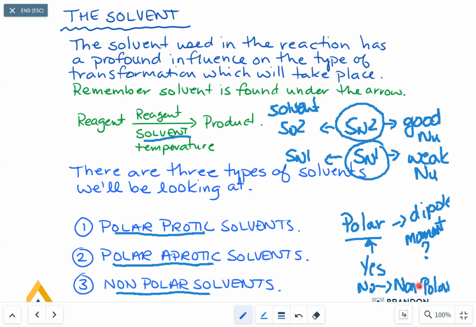We did that basically at the very start of this term, or even in Gen Chem when we were doing our VSEPR theory. You look at all the bonds in a molecule. Are they polarized? Yes, no. And if they are, is there a net dipole in any given direction?